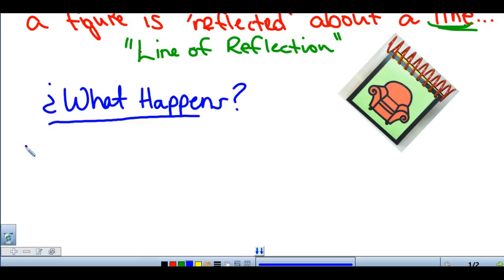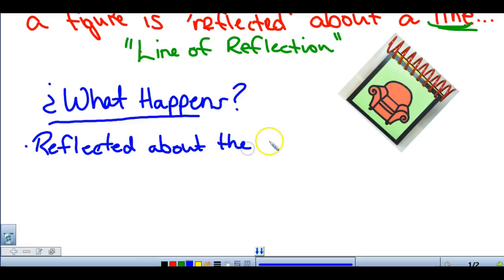The main three reflection lines that we're going to talk about are the x-axis, the y-axis, and the origin. So what happens when a figure is reflected about the x-axis?